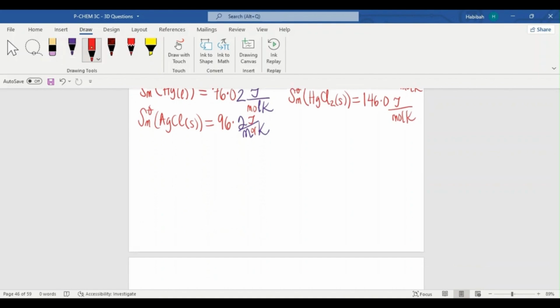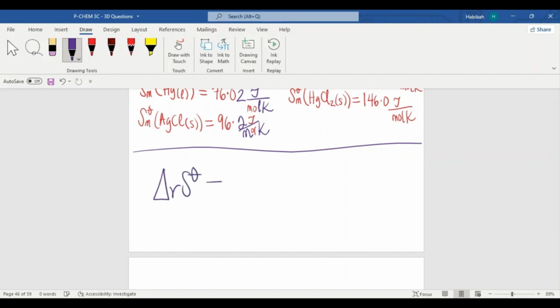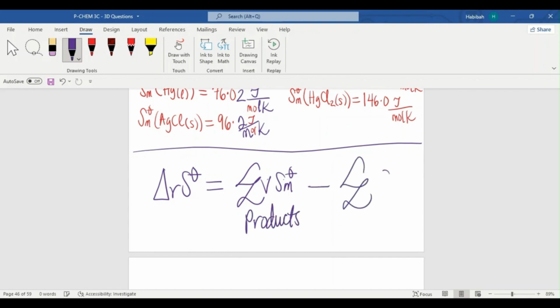So the first thing you have to know, when you're asked to find the standard reaction entropy, is that the standard reaction entropy is equal to the summation of the entropy of the products for each reaction, minus the summation of the entropy values for the reactants as well. So basically, this is just the formula, and it's not going to be properly explained until we start solving questions.